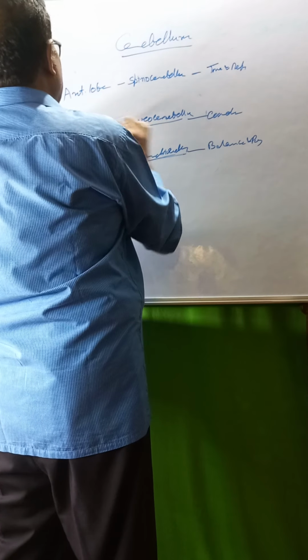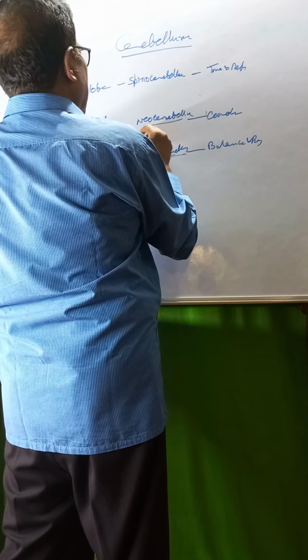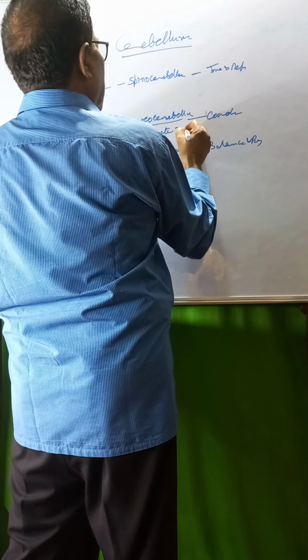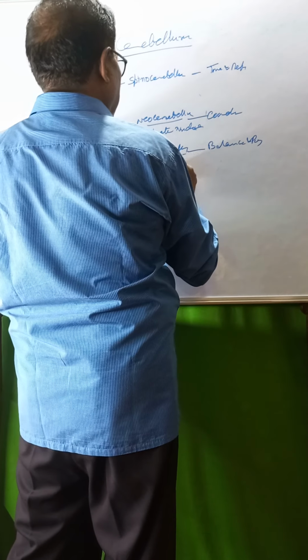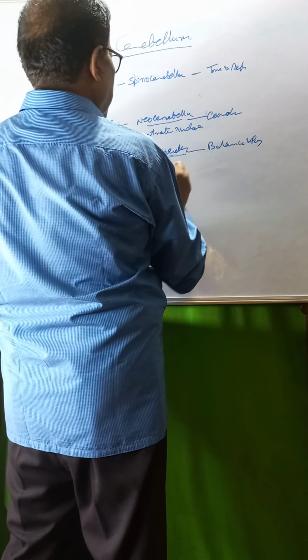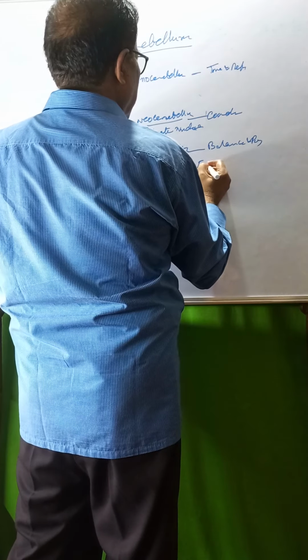This part, the posterior lobe or neocerebellum, is concerned with the dentate nucleus. This is the vestibular apparatus, with nucleus fastigius.